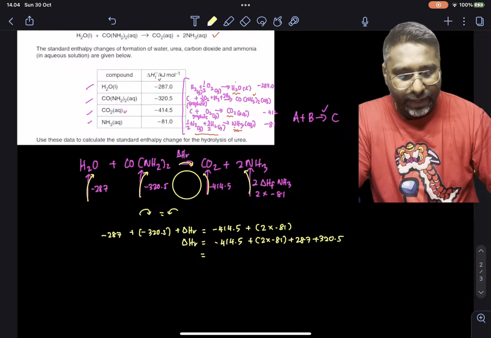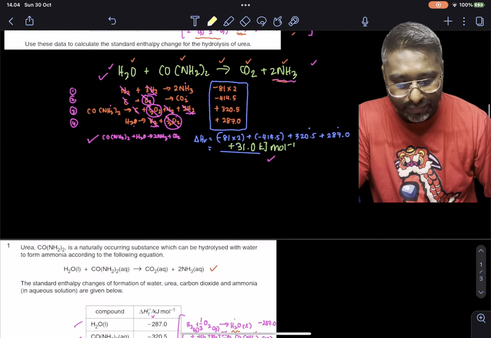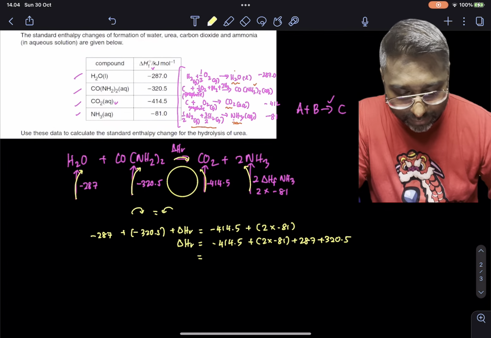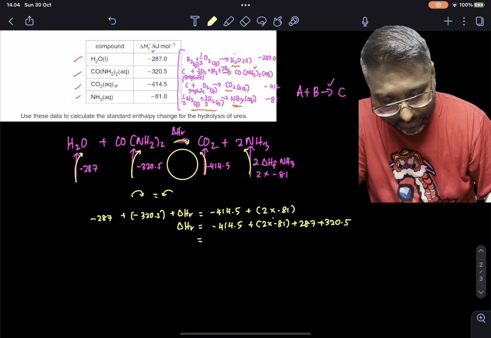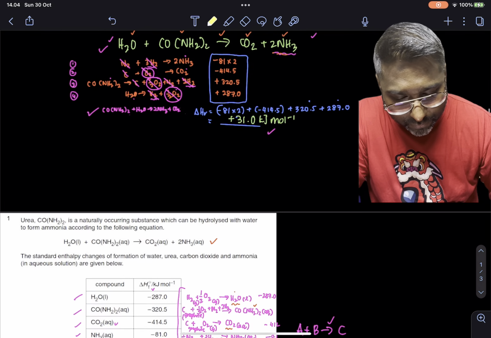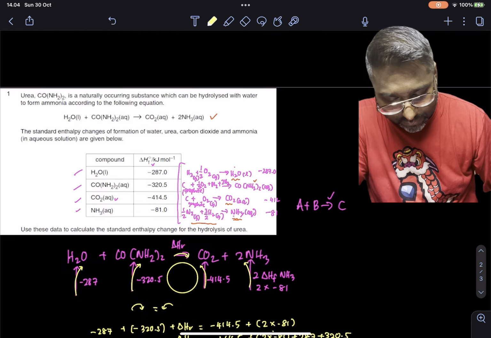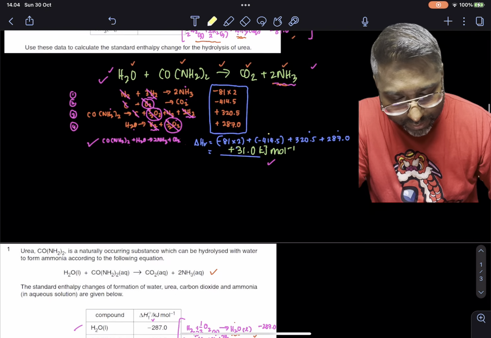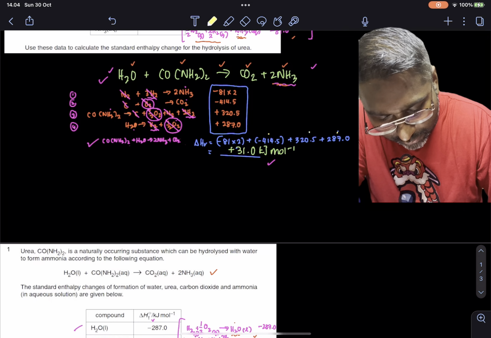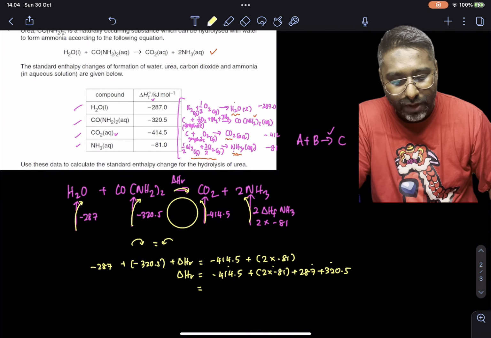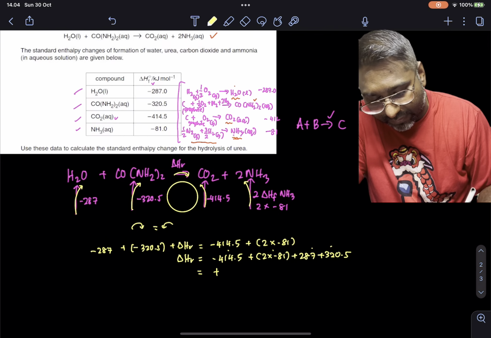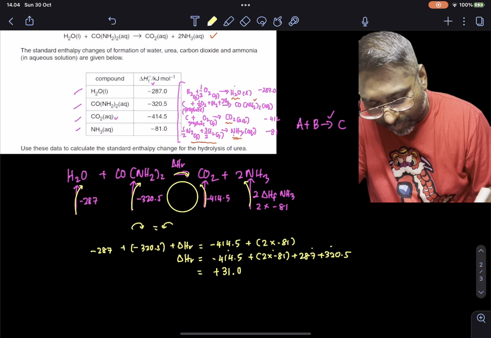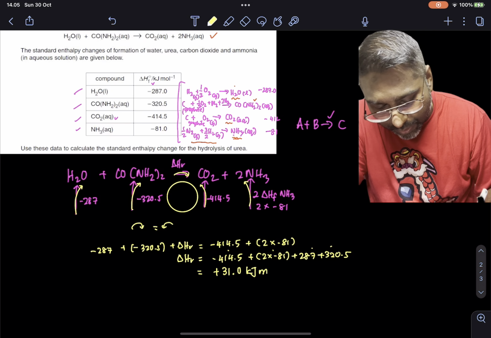Now, if you look at the previous working, negative 81 times 2, and negative 414.5, you have that the same as well. And both of these are positive: 287 and 320.5. So it is the same working, of course, they will have the same answer, positive 31.0 kilojoule per mole.